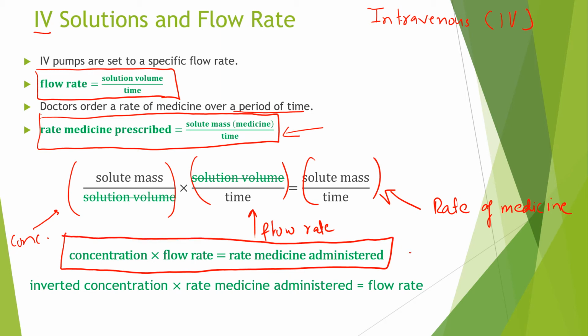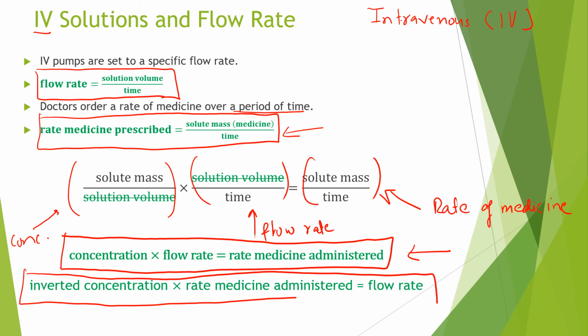So this is one of the important formulas which can be used to calculate the rate of medicine administered by multiplying the concentration with the flow rate. Similarly, inverted concentration multiplied by the rate of medicine administered will give us the flow rate. These two formulas are frequently used in many flow rate and IV solution calculations.